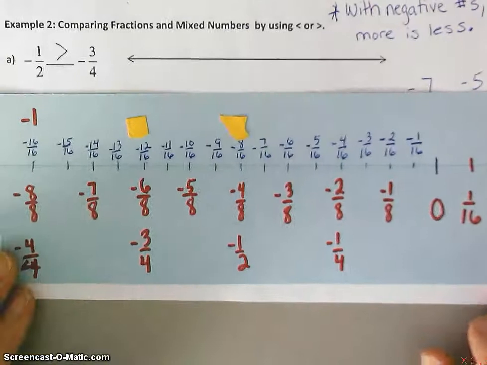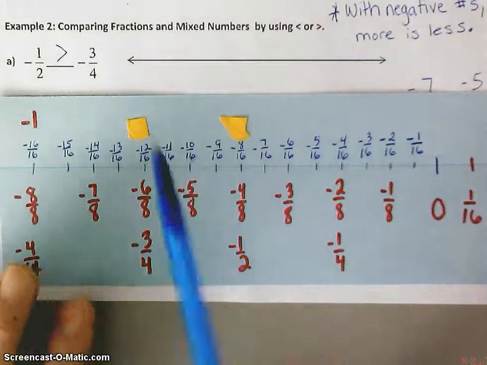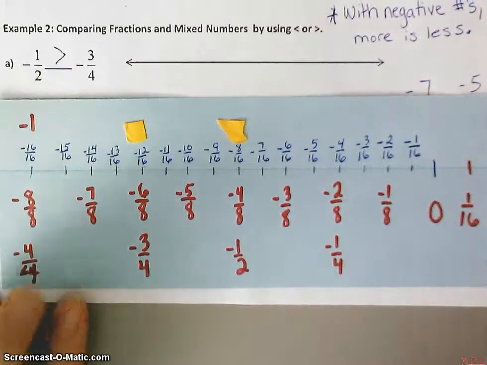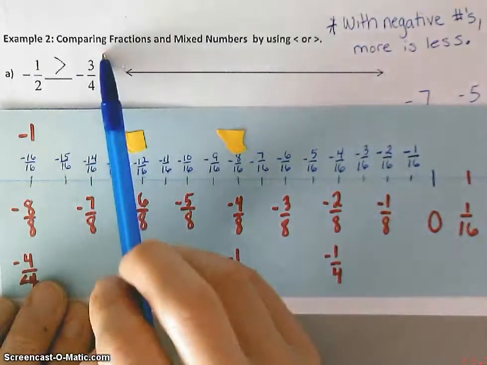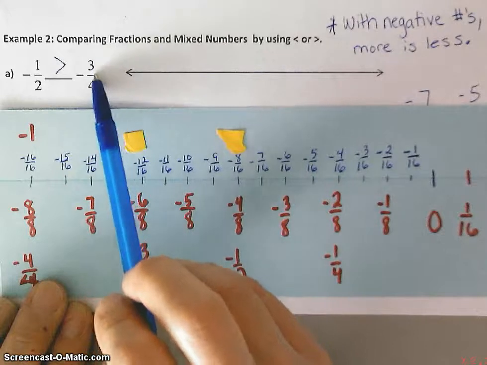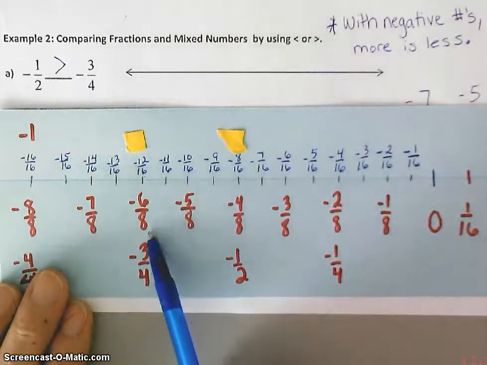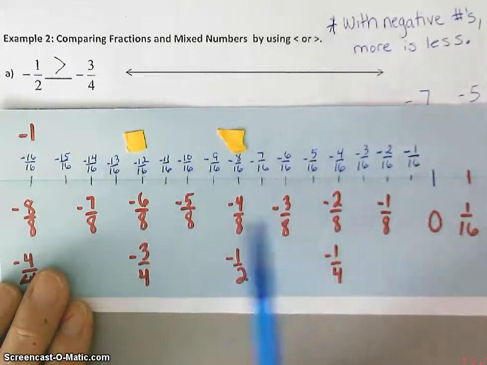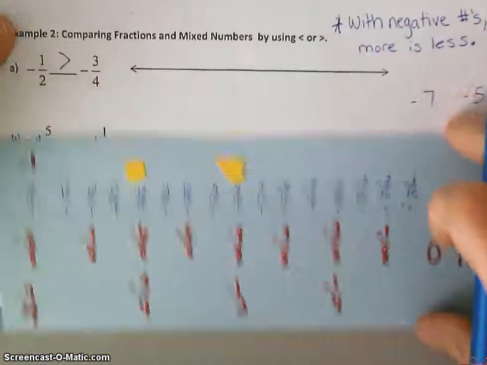Now if you were comparing 1/2 and 3/4, 3/4 would be greater than 1/2. But remember, in negatives, more is actually less. Okay? So since this is a bigger fraction, 3/4, it is less than the -1/2. And because -3/4 is more to the left, it is less than. Okay, so let's look at B.